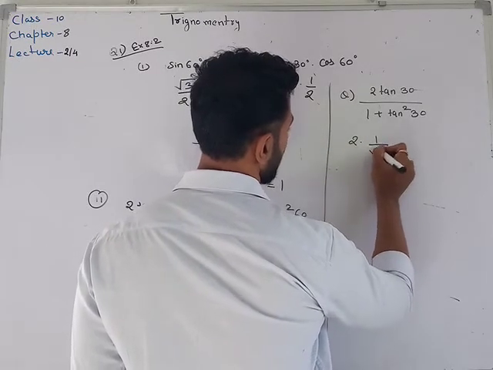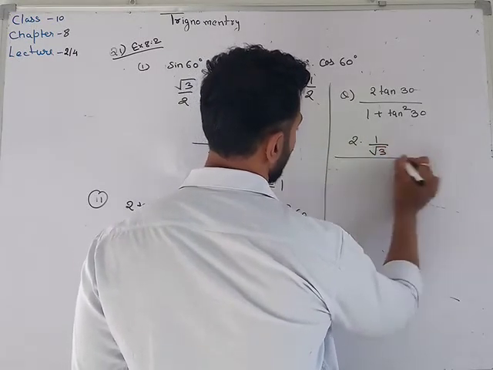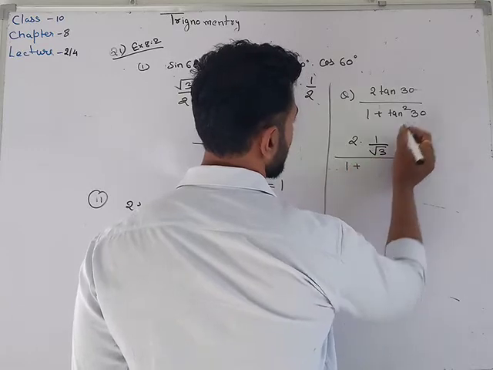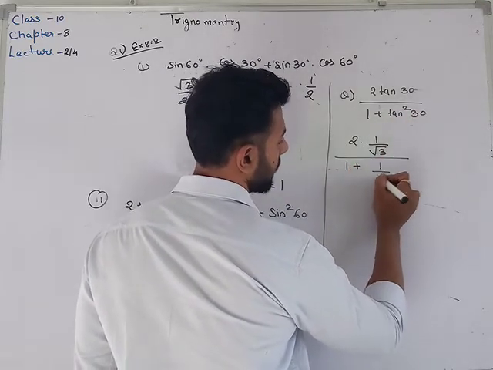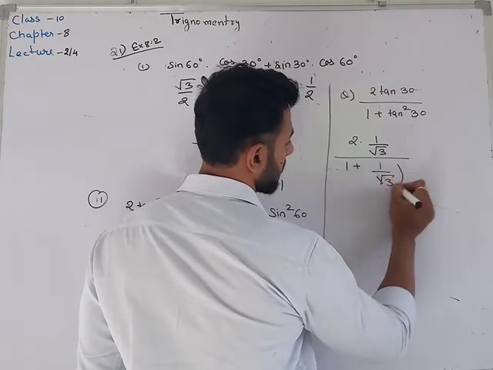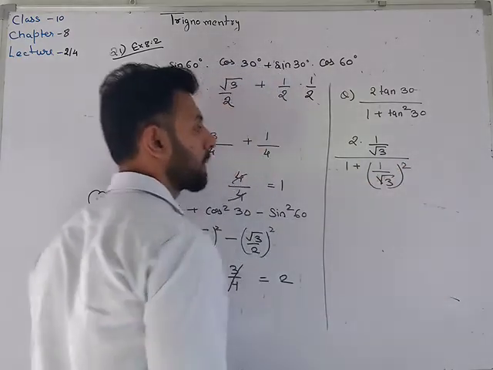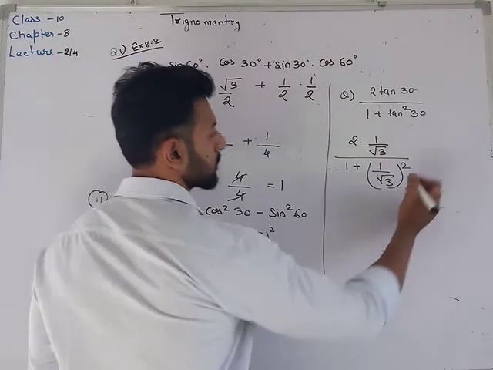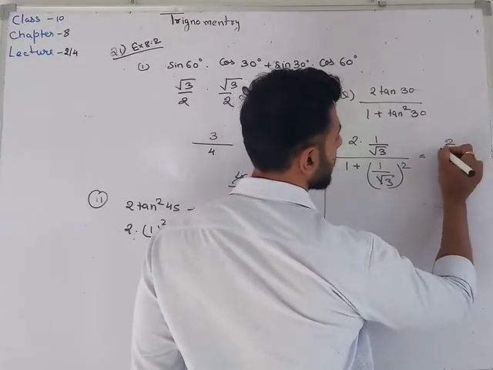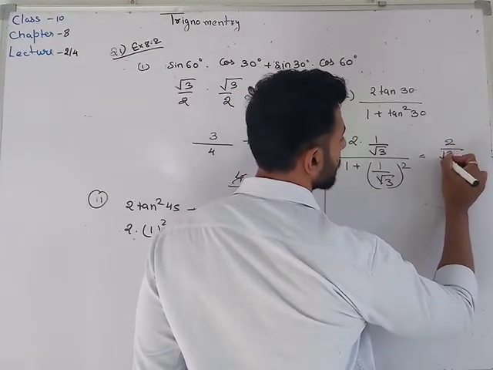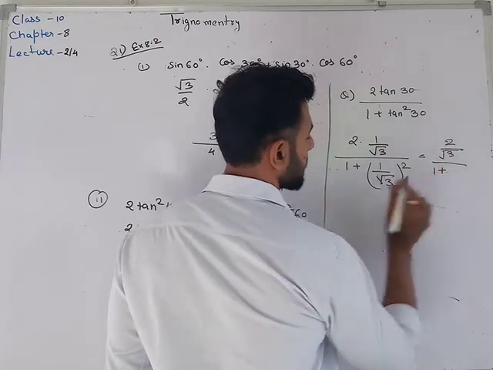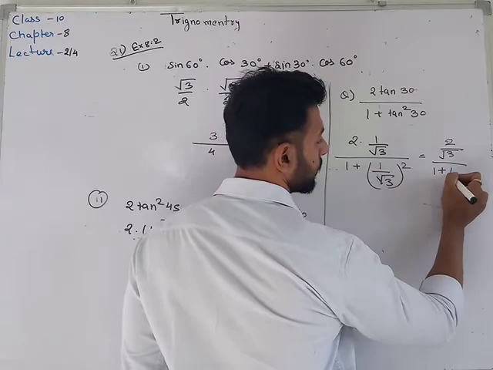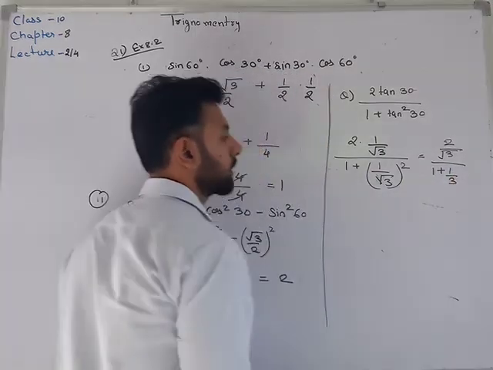This will be 1 by root 3 upon 1 plus tan square 30, means 1 upon root 3 square. Now solving this will be 2 by root 3. Now 1 plus 1 square will be 1, root 3 square will be 3.